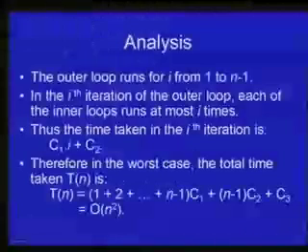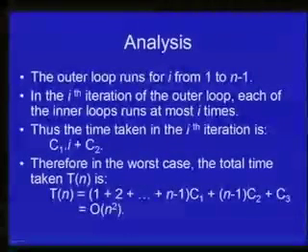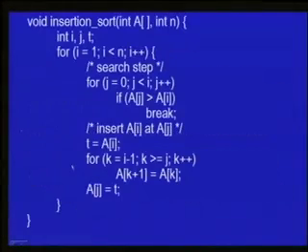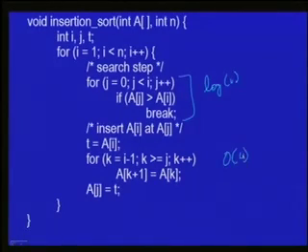So therefore the time taken in the ith iteration, in the worst case, is C1 times i plus C2, that is, it is proportional to i plus a constant. Note that if we had made the search step a binary search, instead of using linear search, then the amount of time taken in this step in the worst case would be log i, and the amount of time taken in the worst case over here would be order i.